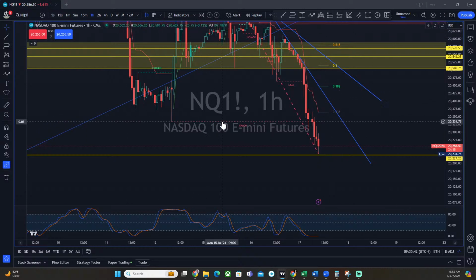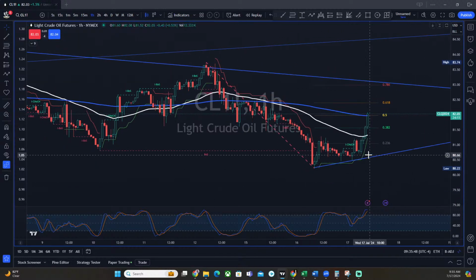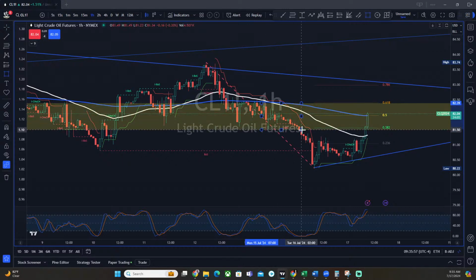Moving on. Let's go over to oil again. I like what oil is doing. We're at 82. Nice support. Looks like we're starting to get through this block. We got a very interesting block here.